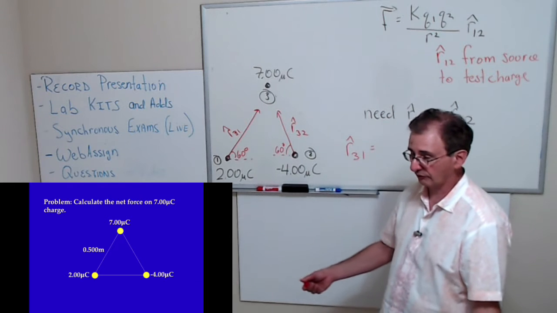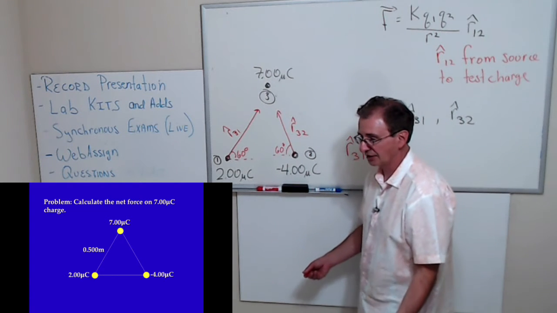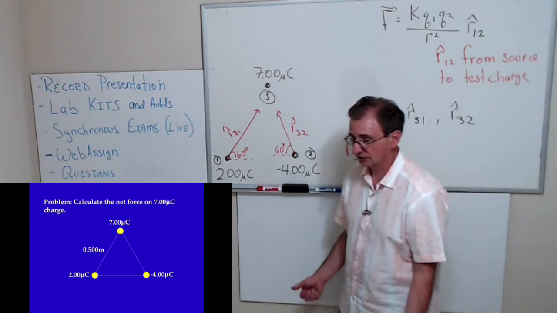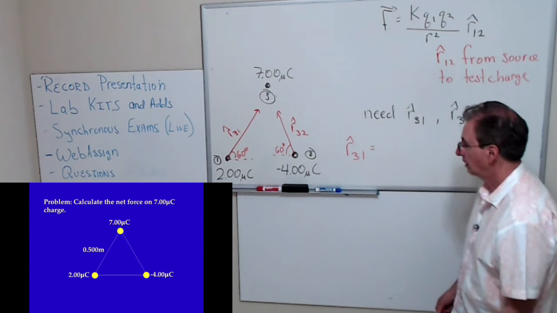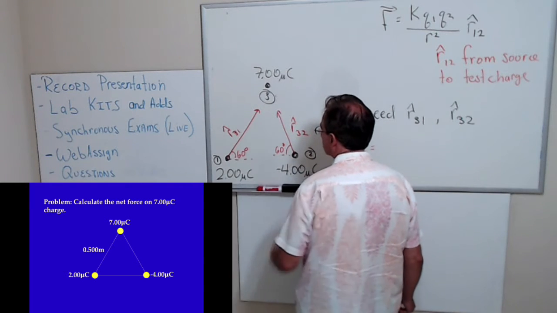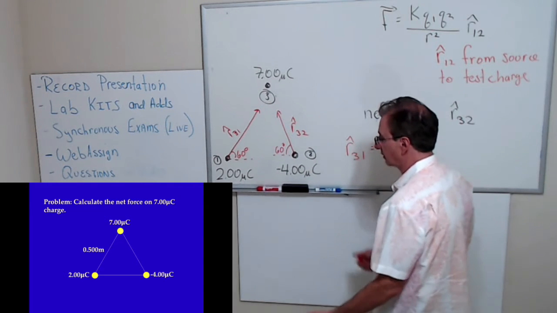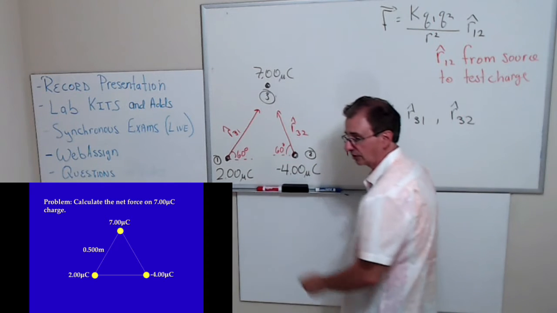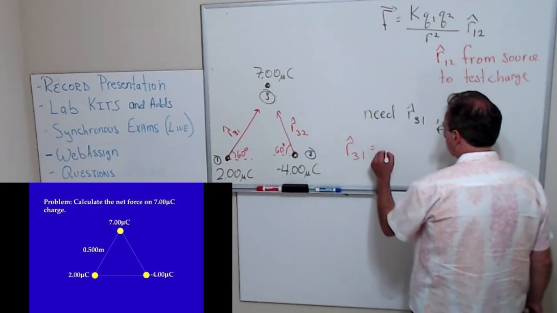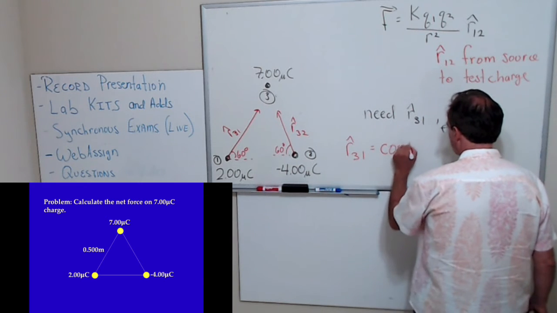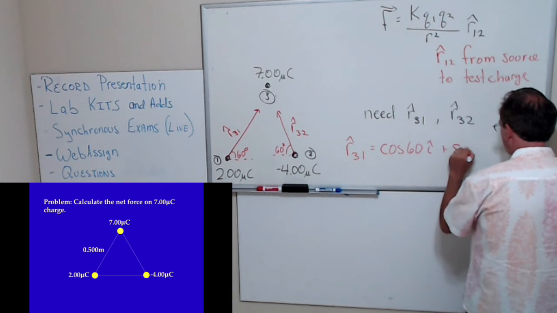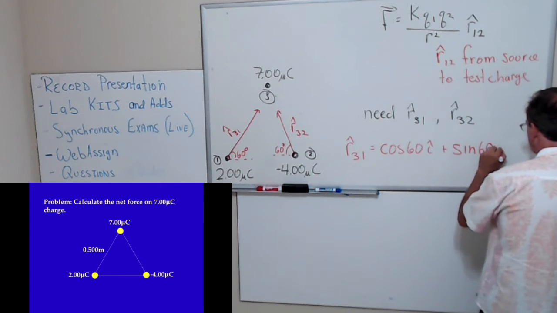The components of the unit vector are the coordinates on your unit circle at 60 degrees. So this vector's x component and y component are going to be positive. If you put the tail of this vector at the origin, it would point in the first quadrant. So you're going to have cosine of 60 i hat plus sine of 60 j hat.